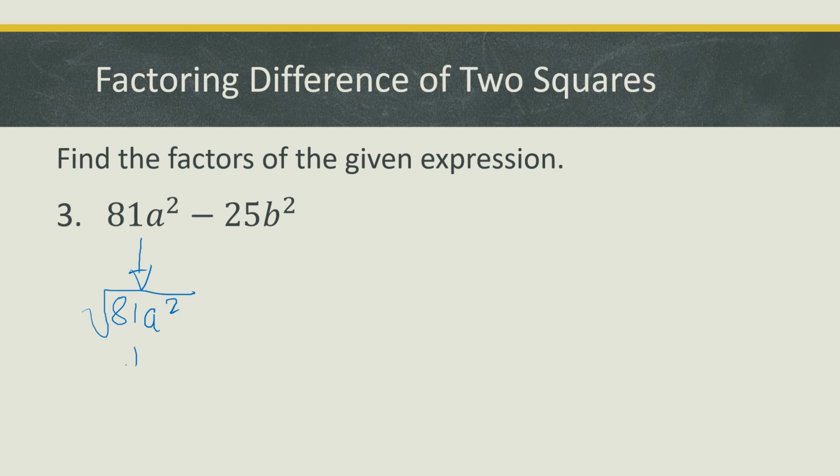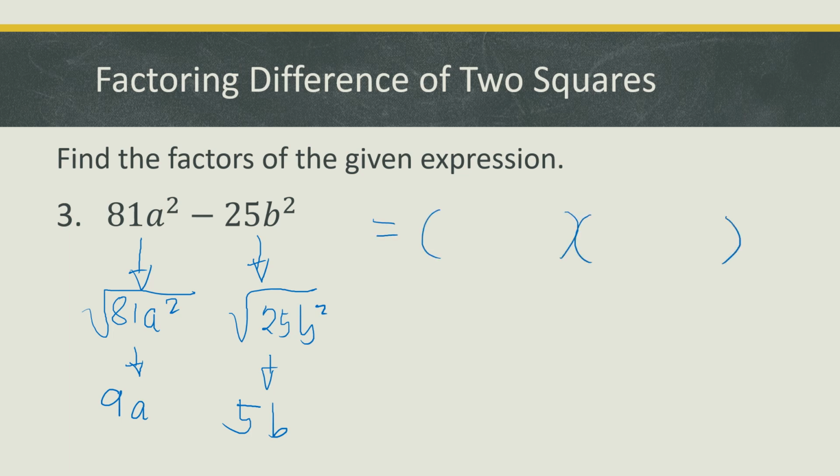The square root of 81 is 9 and the square root of a squared is a. Get the square root of the second term, which is 25b squared. The square root of 25 is 5, and the square root of b squared is b. Then we now have our factors, which are 9a plus 5b and 9a minus 5b.